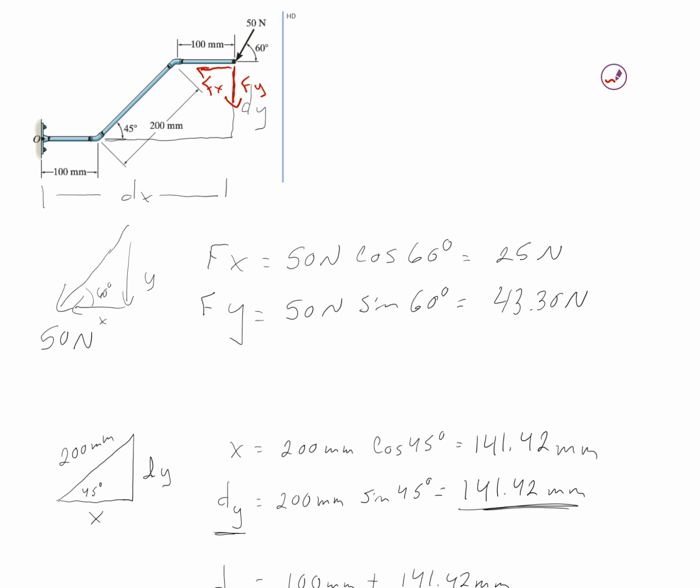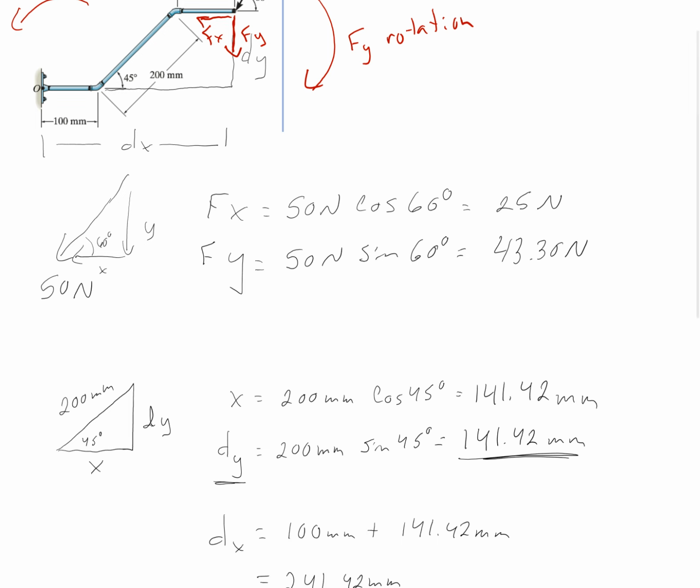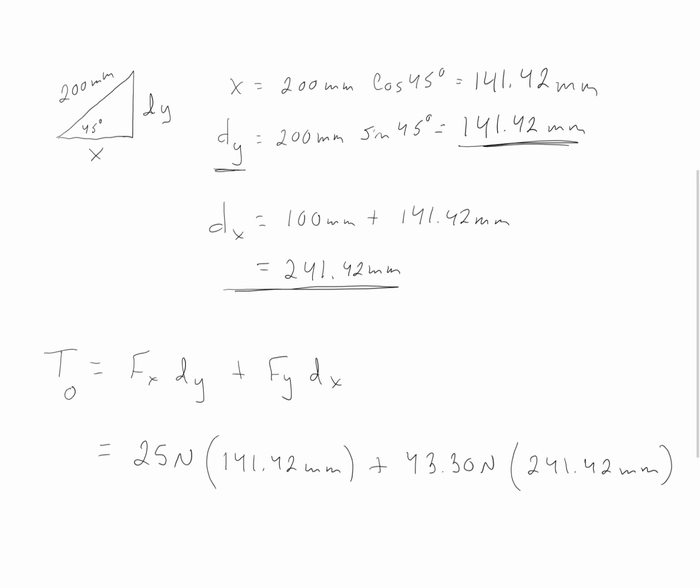From my y component, it's going to tend to rotate like this. From the x component, I'm going to tend to get rotation like this. So the x rotation is going to tend to be positive, and the y rotation is going to tend to be negative.